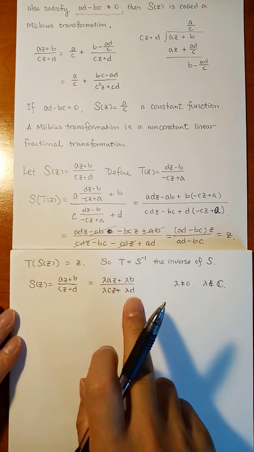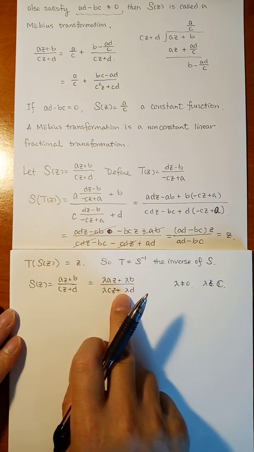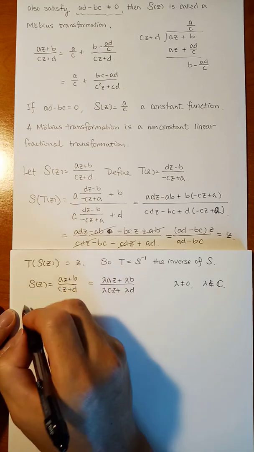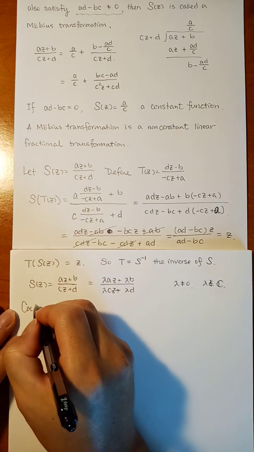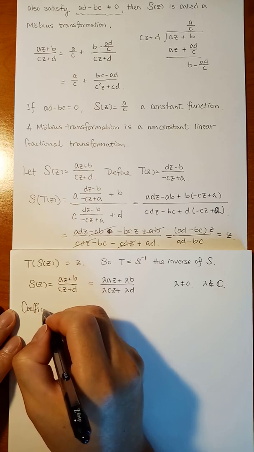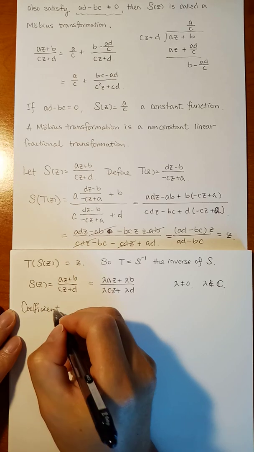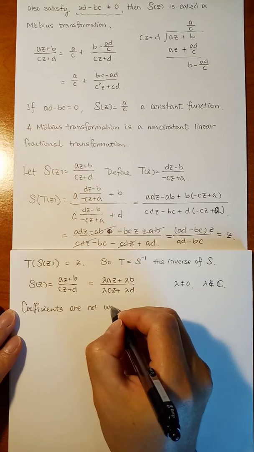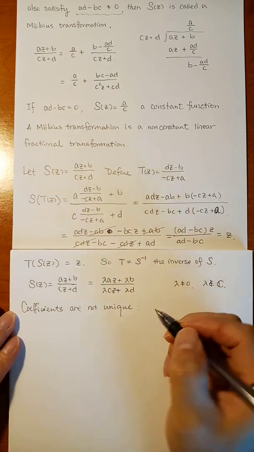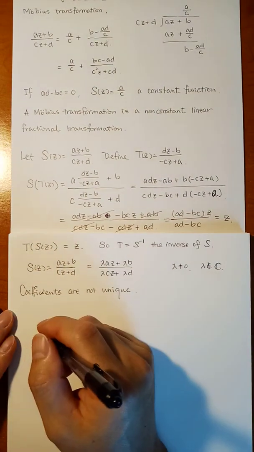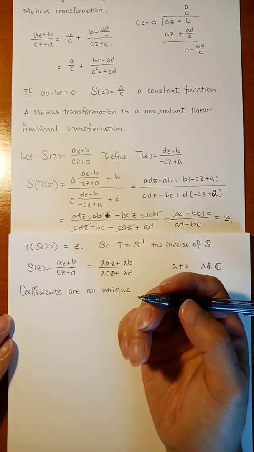This observation implies that the coefficients A, B, C, D are not unique. The coefficients of a Mobius transformation are not unique.